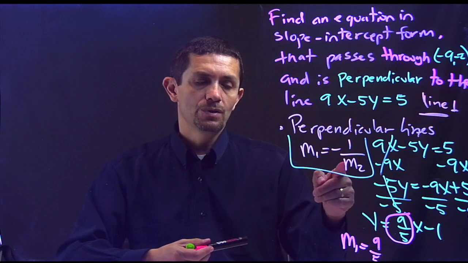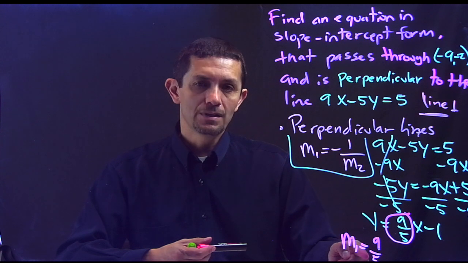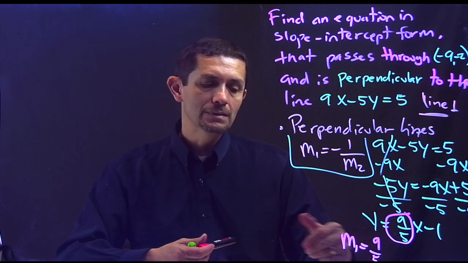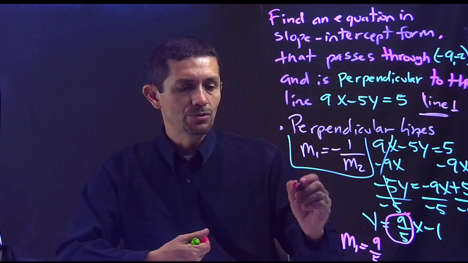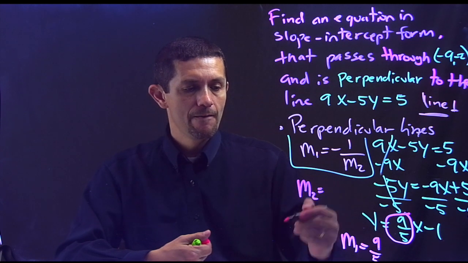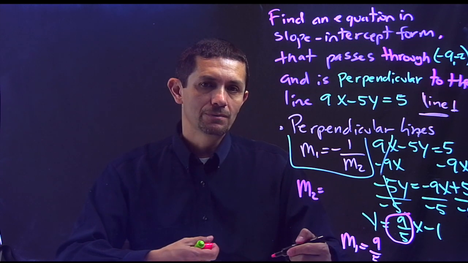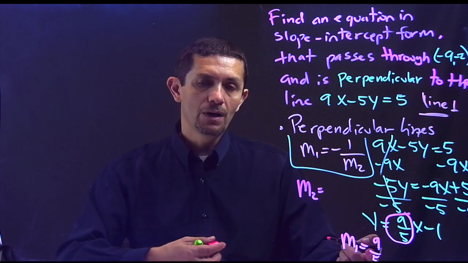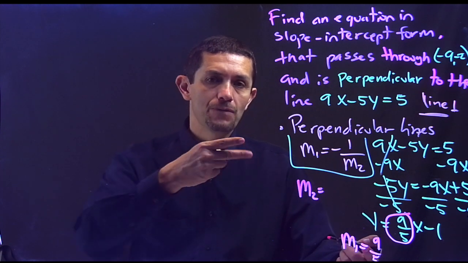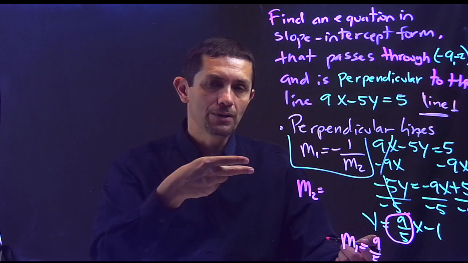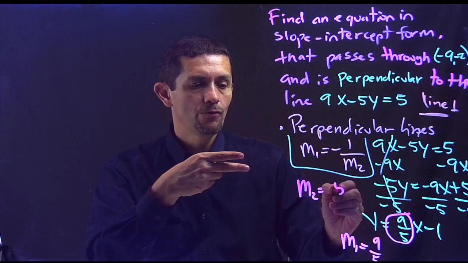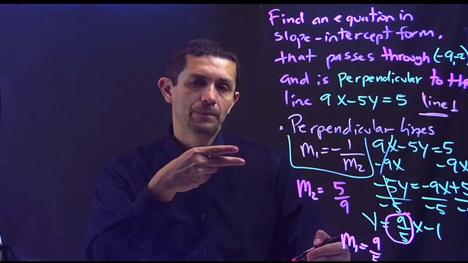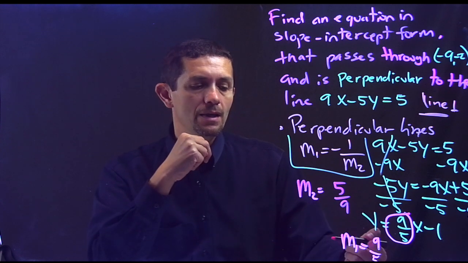Slope number 2 is the negative reciprocal of this slope. Let's do the reciprocal first. If slope number 1 is 9 over 5, the reciprocal means flip the fraction, so the reciprocal is 5 over 9. Negative means change the sign.